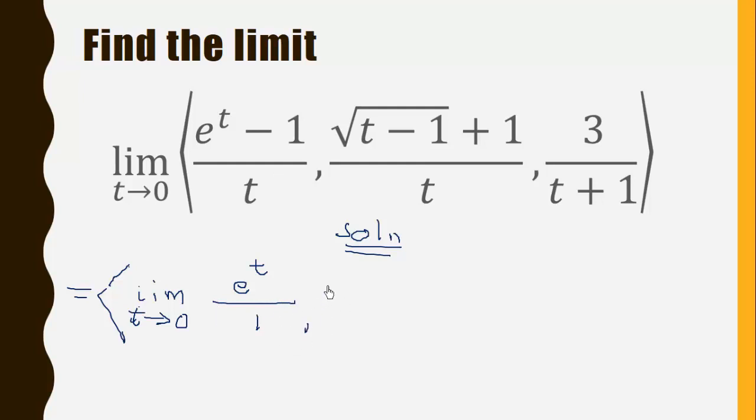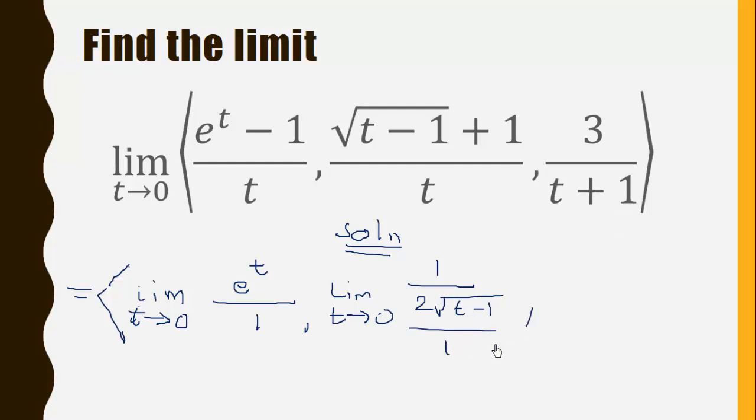Then this one also gives us the limit as t approaches 0 of the derivative of this, you get 1 over 2 root t minus 1, all over 1.